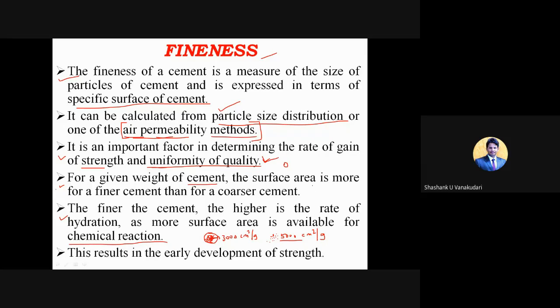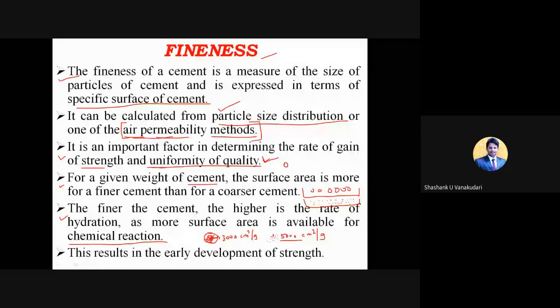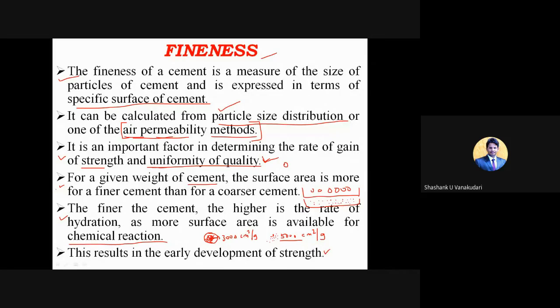If you are not understanding this sentence: when the cement particles are of a larger size, the weight will be lesser for a given volume, and it is going to take a larger volume, right? That's how it is explained. Okay, and this results in the early development of strength. So however you decrease the particle size, I mean you make it smaller, that is going to give larger strength.